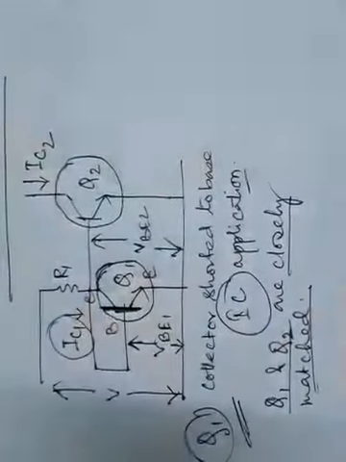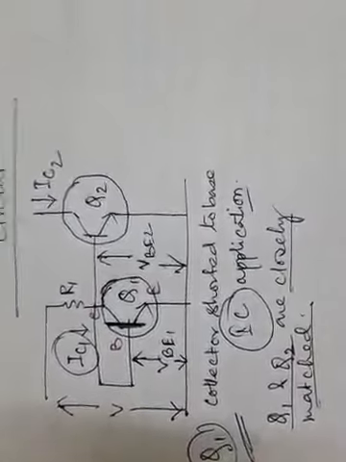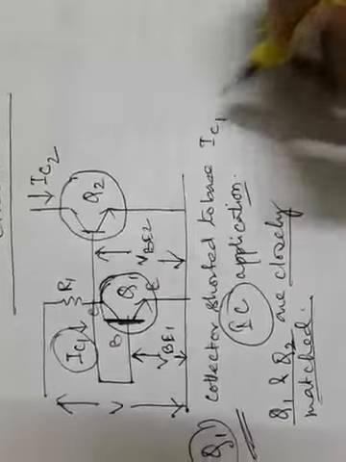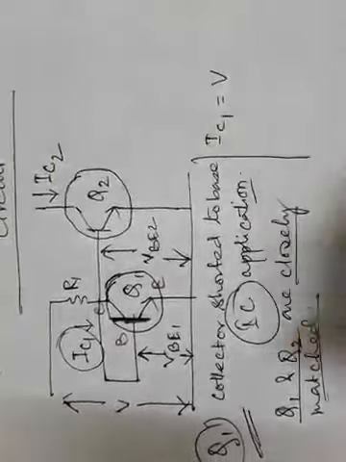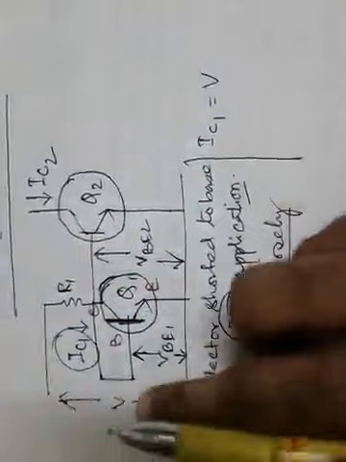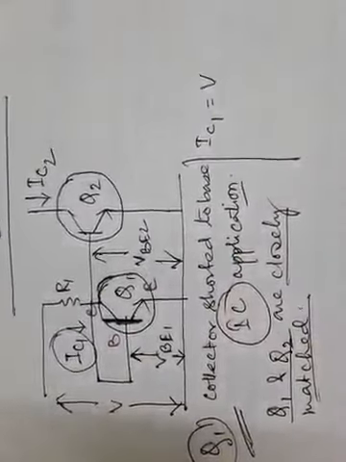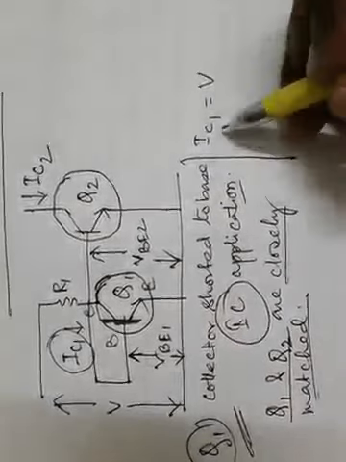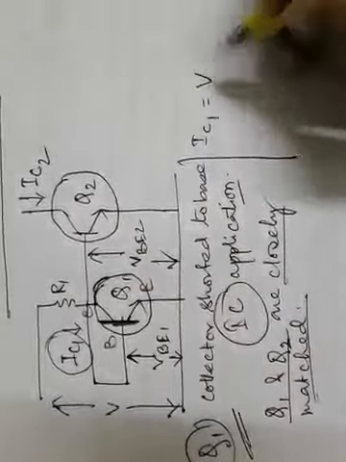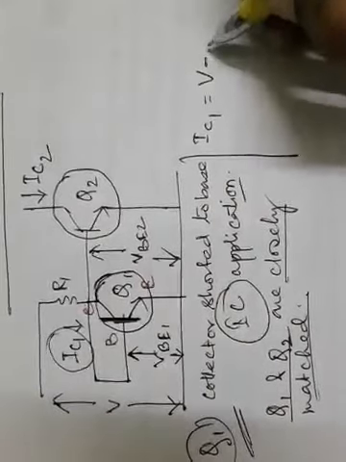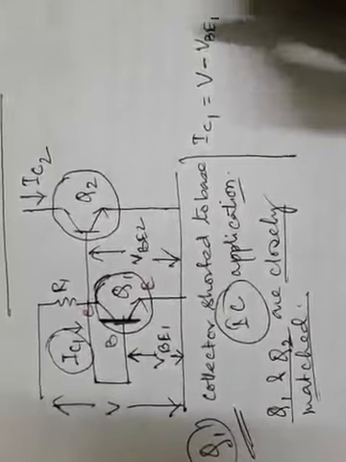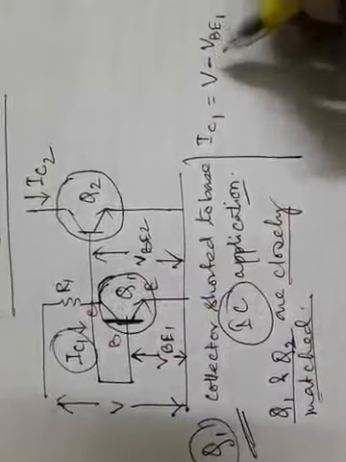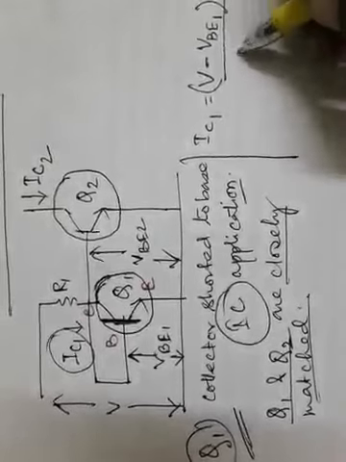This current IC1, considering this functioning like a diode, can be calculated as IC1 is equal to V, the overall voltage for which all the currents will be flowing through this circuit, minus VBE1, that is the voltage between the base and emitter of Q1, divided by R1.